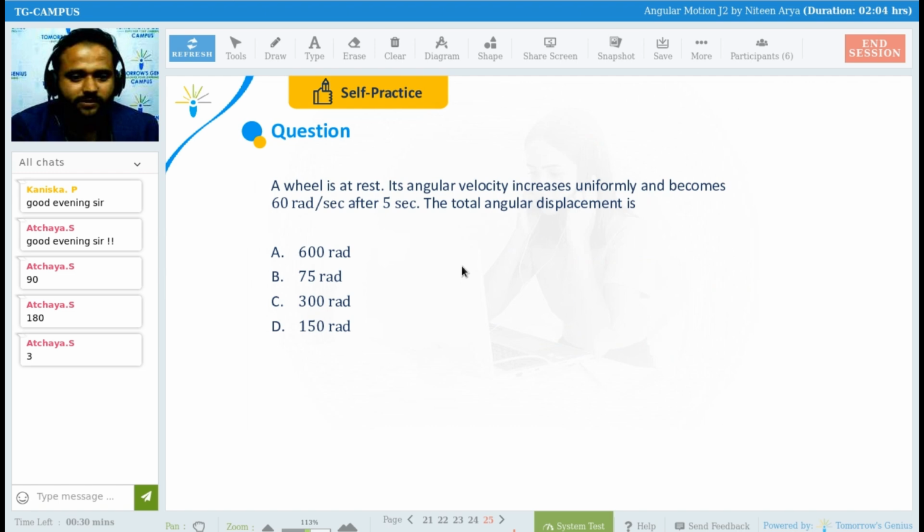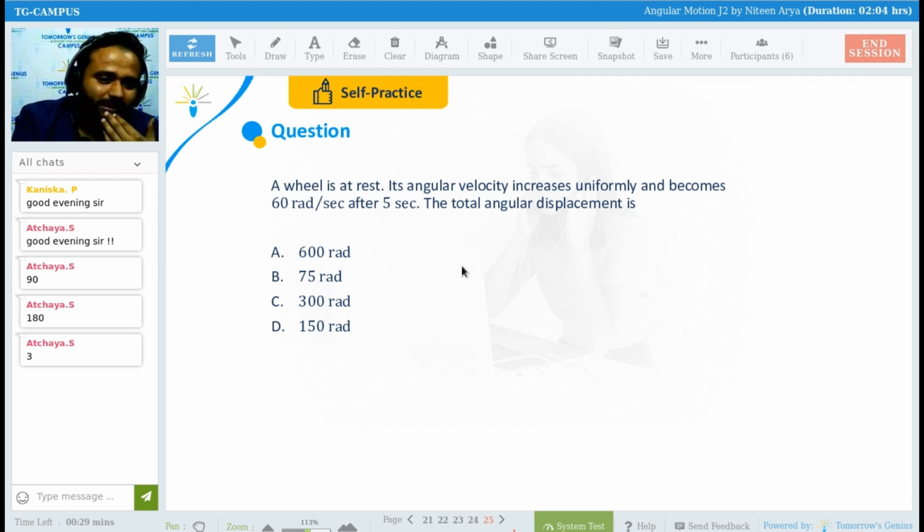Okay, the next one is this. As its angular velocity increases uniformly and becomes 60 radian per second after 5 seconds, find the total angular displacement. Again, same thing. If it increases and becomes 60 radian per second, that is omega 2.